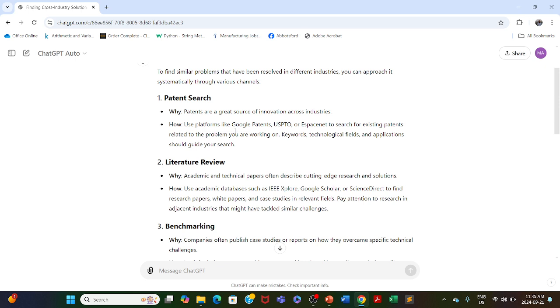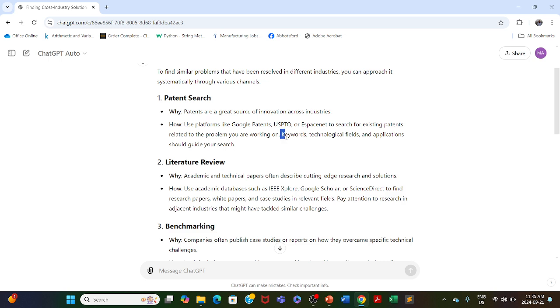Use platforms like Google Patents and USPTO, and search for different patents related to the problem you're working on. Keywords, technological fields, and applications should guide you.